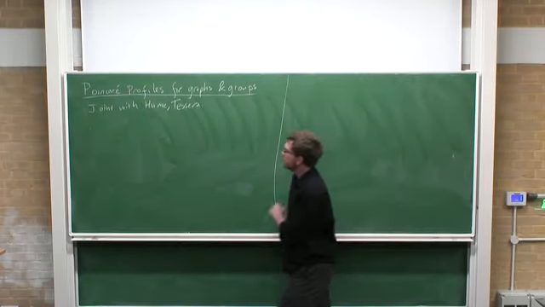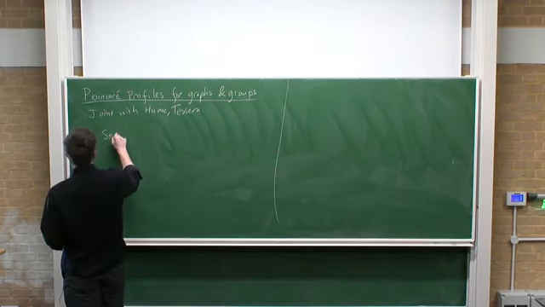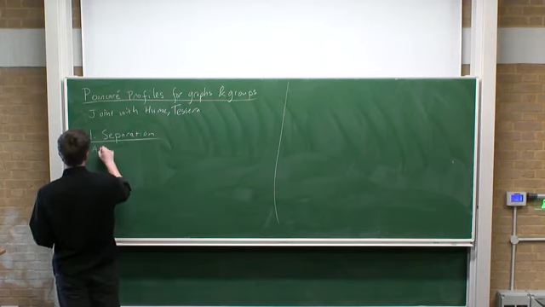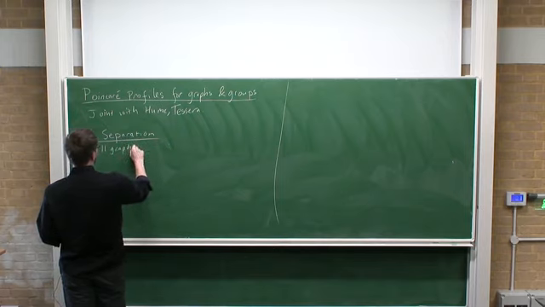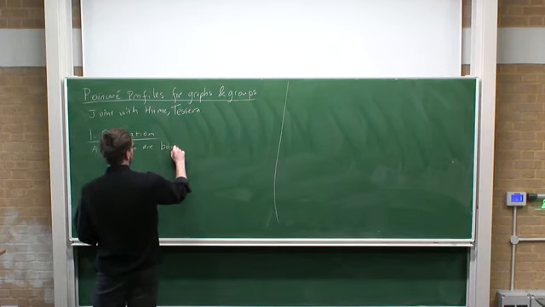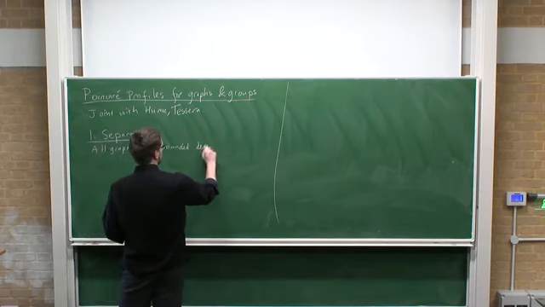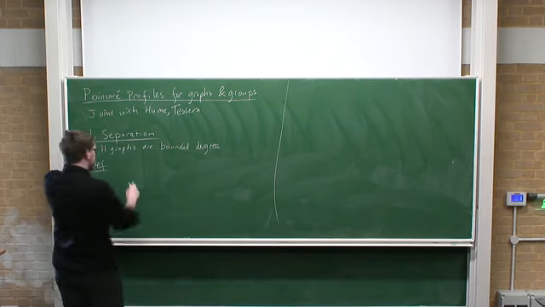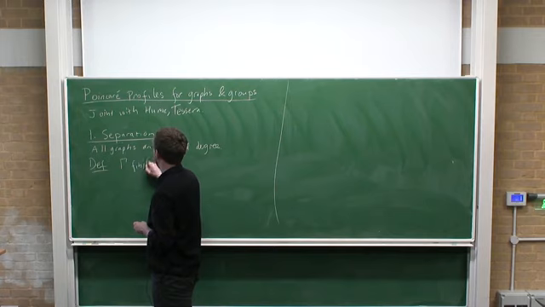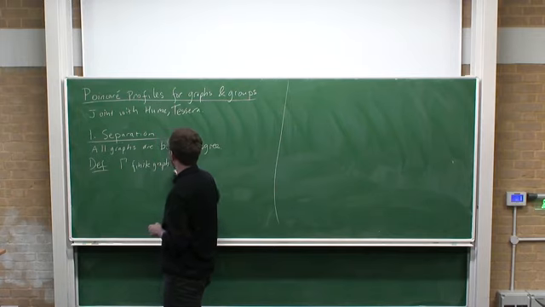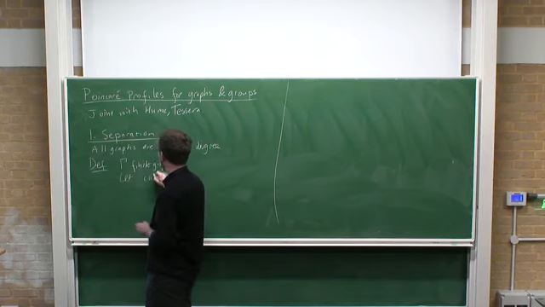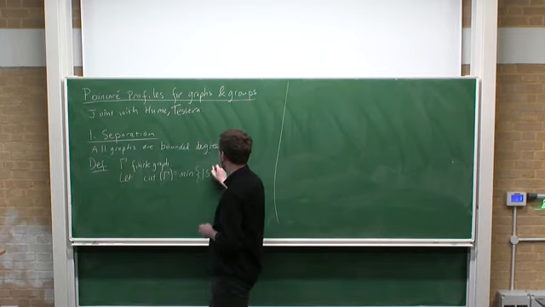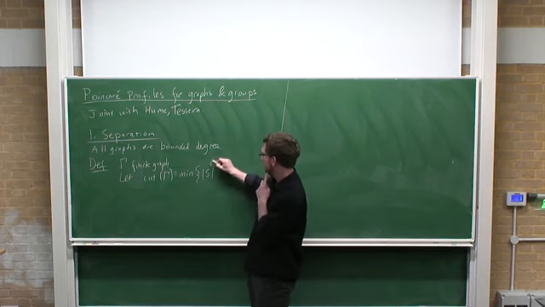Okay, so first, separation. All graphs are bounded degree. So suppose we have a finite graph gamma. Then we can define the cut size of gamma to be the minimum size of a subset S. So this is the number of vertices.